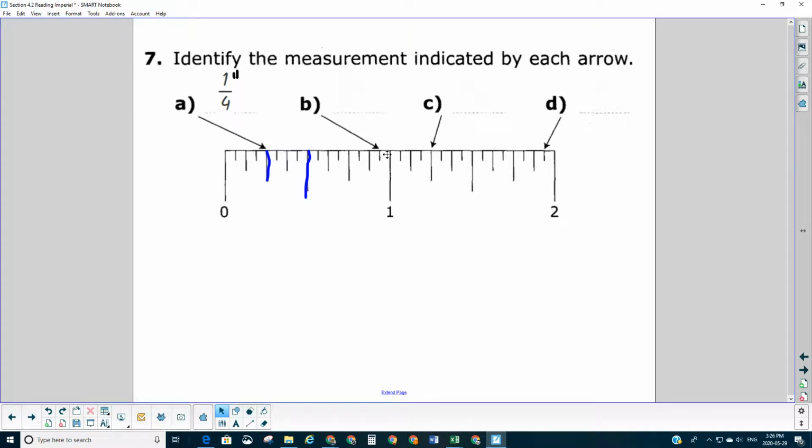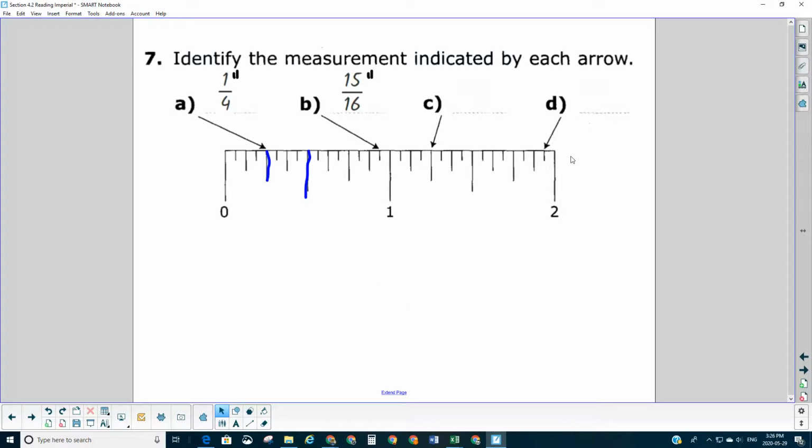So this looks like 15/16. A complete whole inch would be 1 inch or 16/16. This is 1 tick less, so that's 15/16. And I'm going to put my little ticks on that one too to represent 15/16 of an inch.